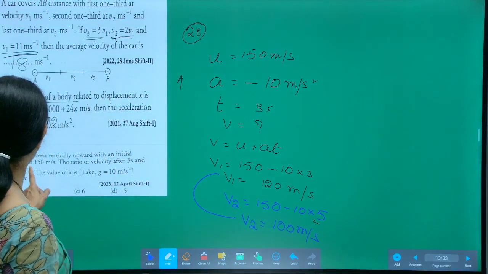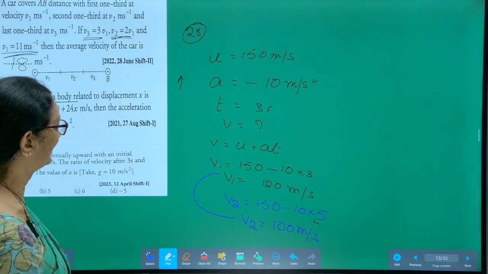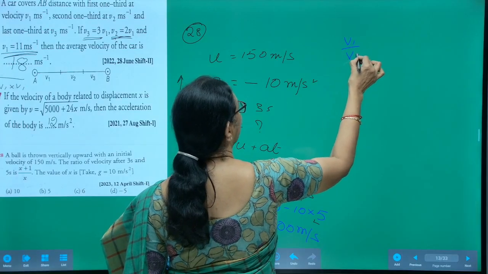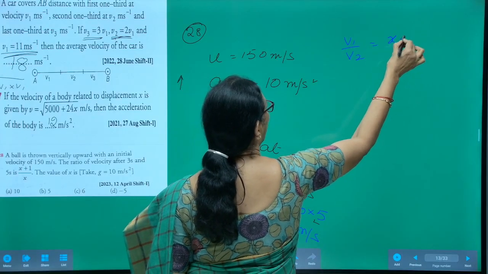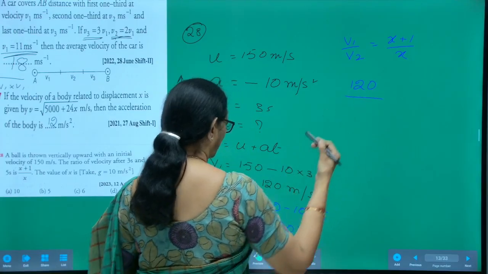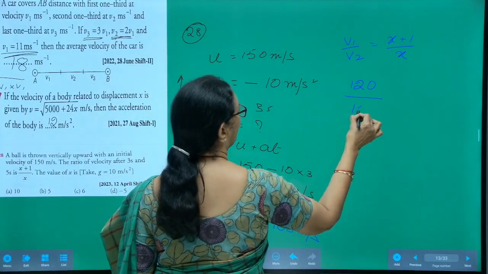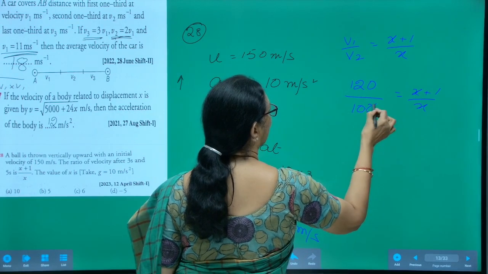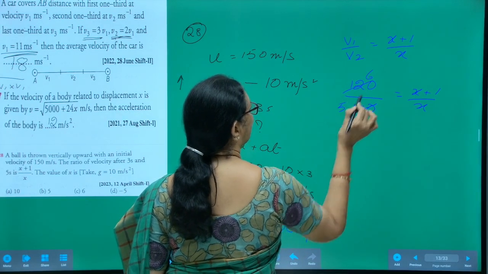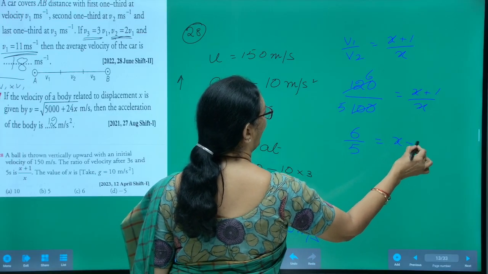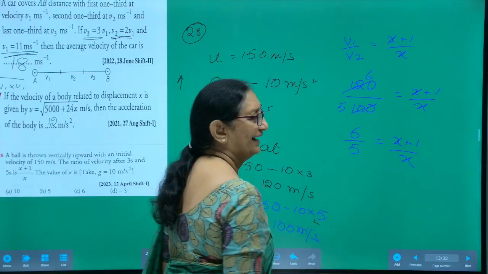What is given here? That ratio is given as v1 by v2 is x plus 1 by x, implies 120 by 100 is x plus 1 by x. So 6 by 5 is equal to x plus 1 by x.